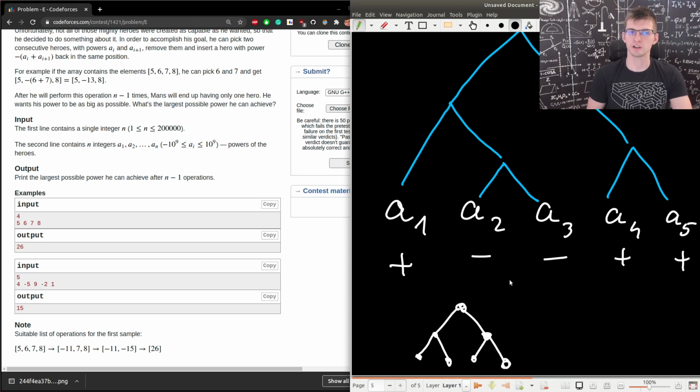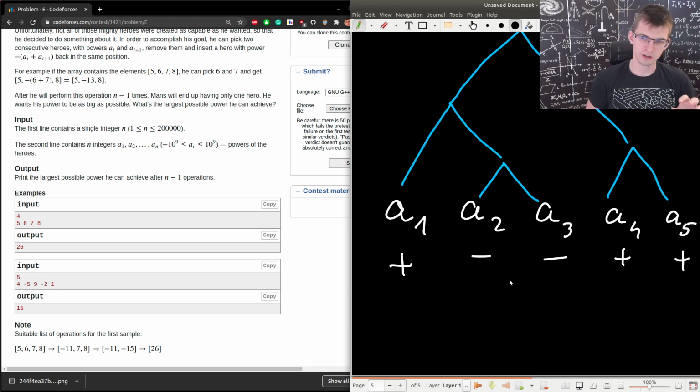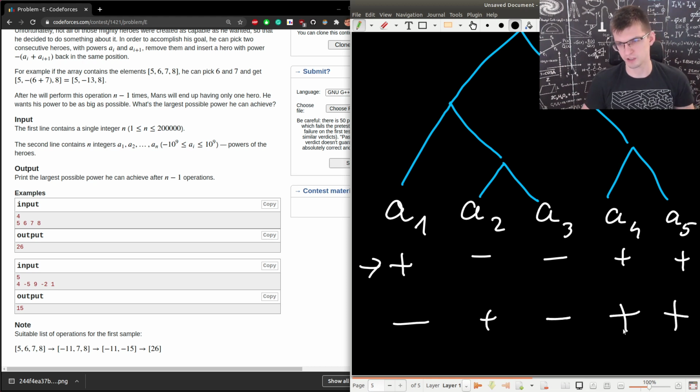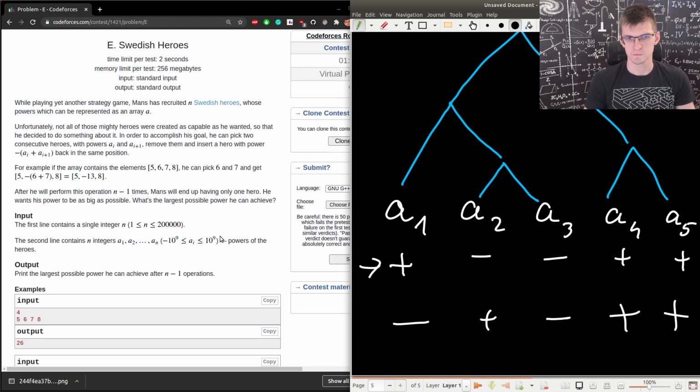The question is just, okay, another question. Is the order of pluses and minuses important? If I can achieve this sequence, is there also such a tree that this sequence is achieved? So could I sort the numbers in the input?